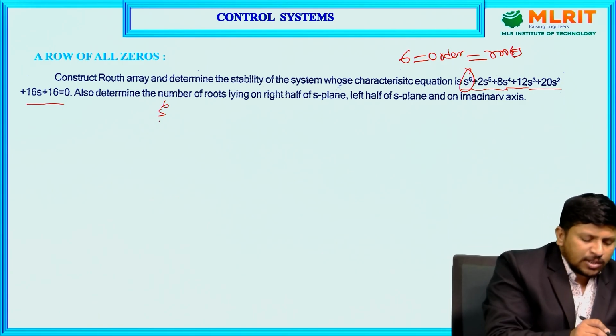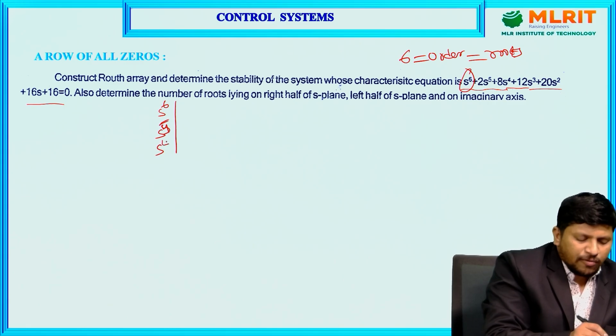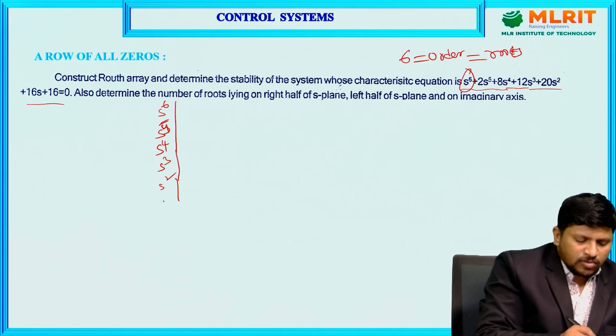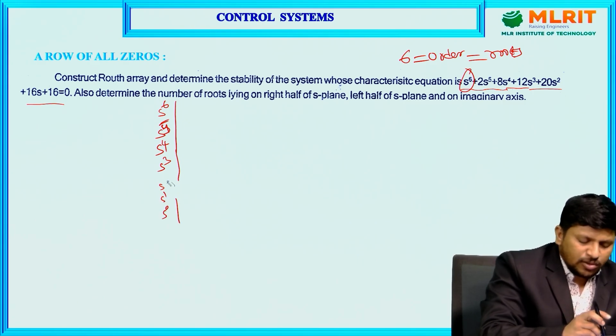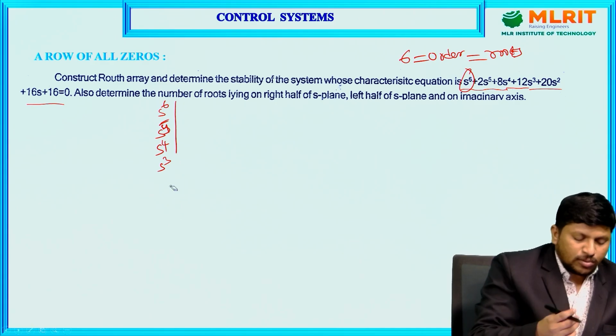The rows are s power of 6, s power of 5, s power of 4, s cube, s square, s power of 1, and s power of 0. First we arrange at least two rows.